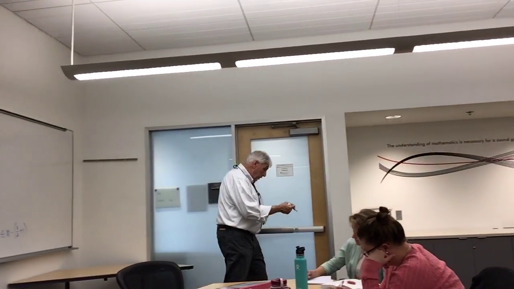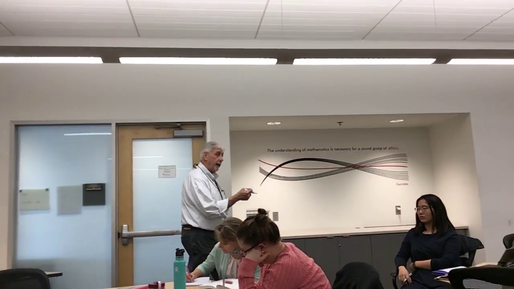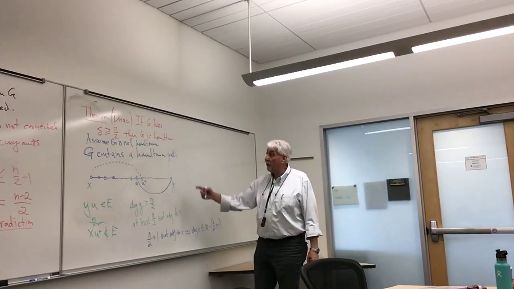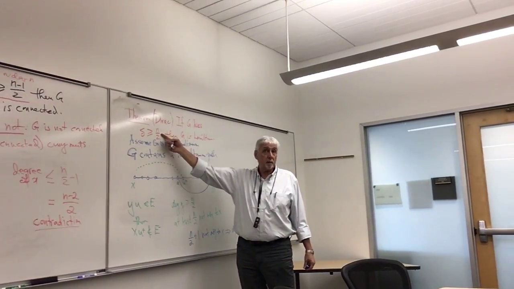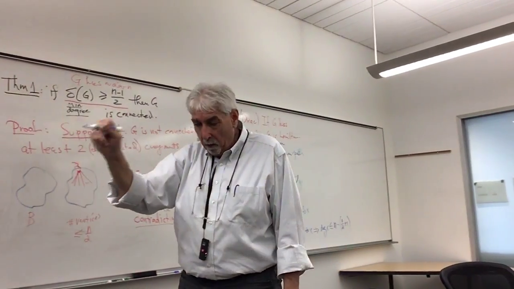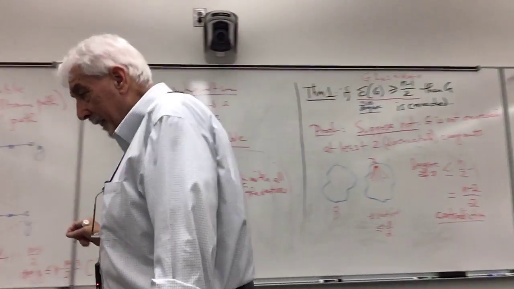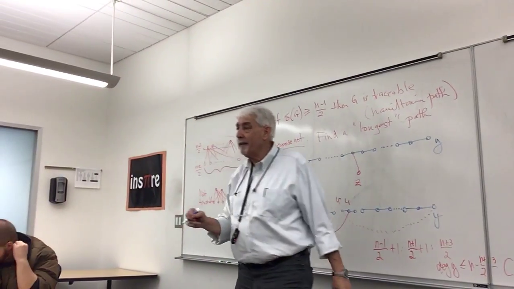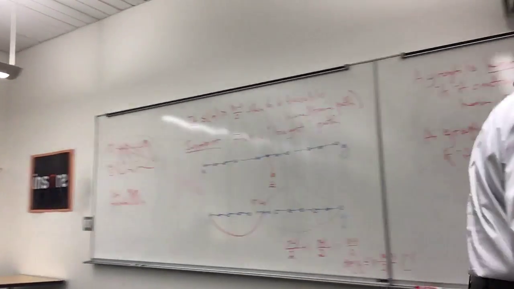N minus n over 2 plus 1 is better known as n over 2 minus 1. Oh, but if the degree of x is less than or equal to n over 2 minus 1, then this is a contradiction. I'm not done yet. I need one more point that's not adjacent to x. X. Ah, there we go. X is not adjacent to x.